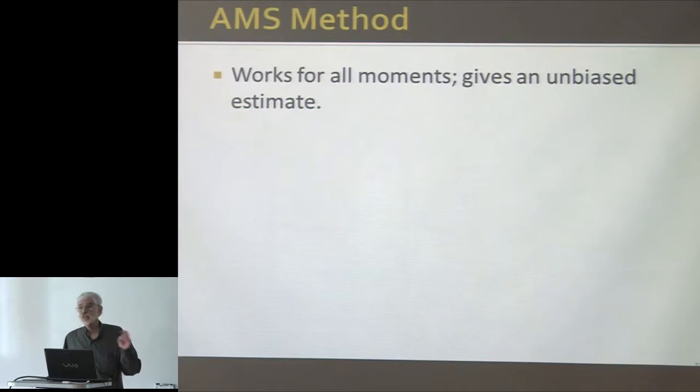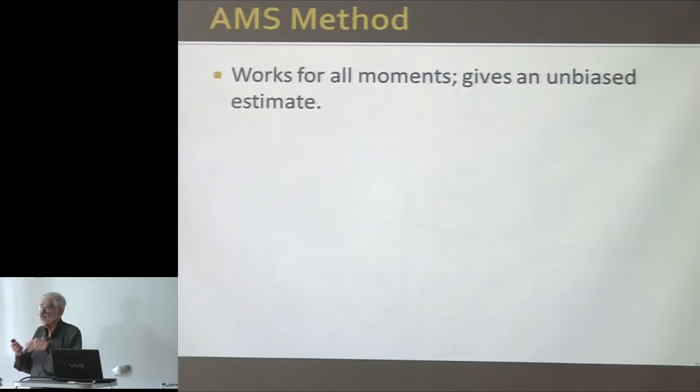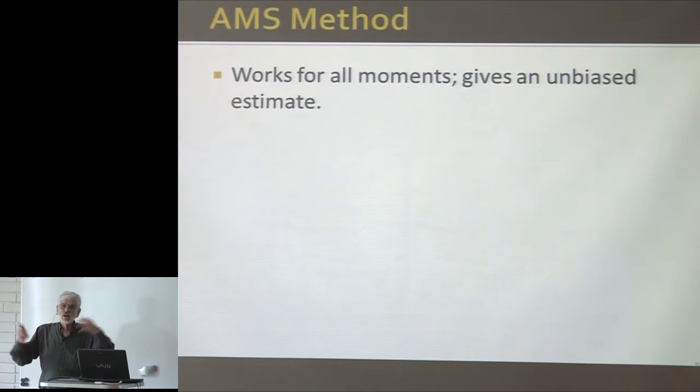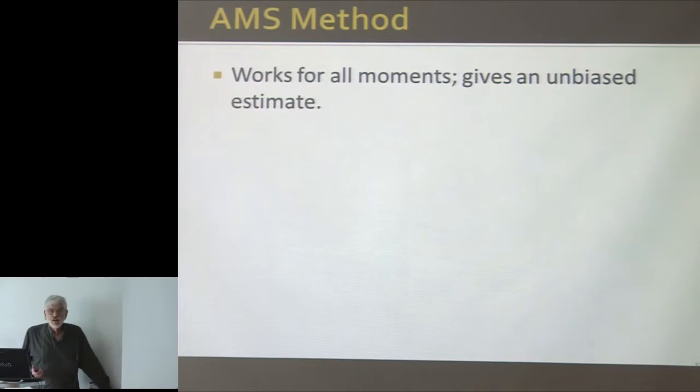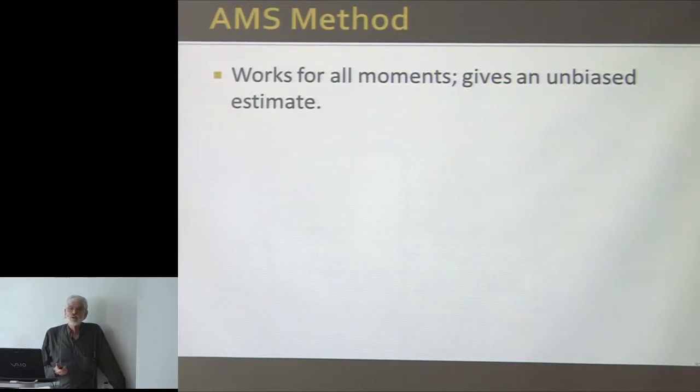And like Flajolet-Martin, you're going to run a number of different experiments. Just like in Flajolet-Martin, you computed tail lengths for a number of hash functions. Here, we're going to do different experiments, but we'll combine them in the same way. That is, take averages of small groups and then the median of the averages.